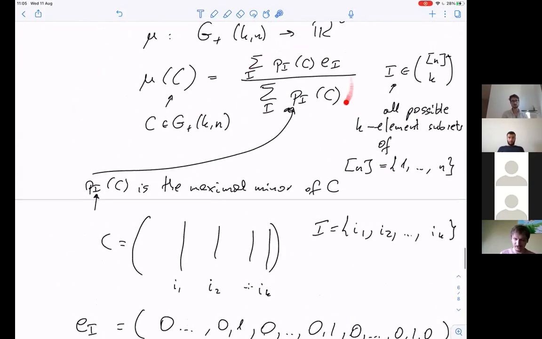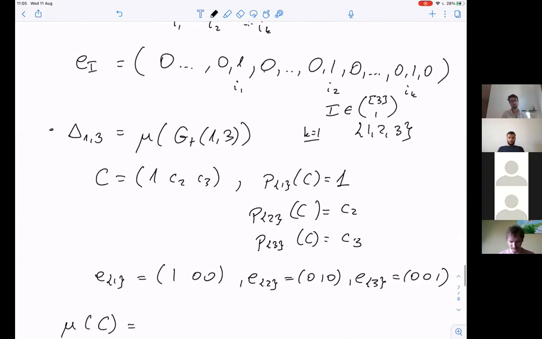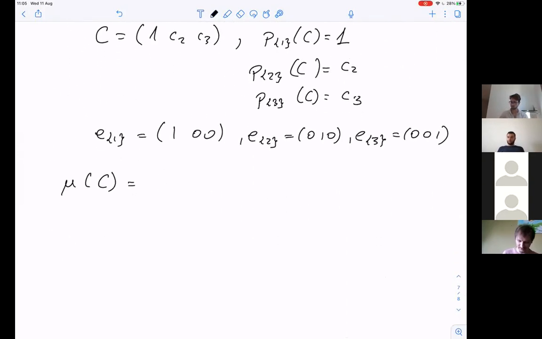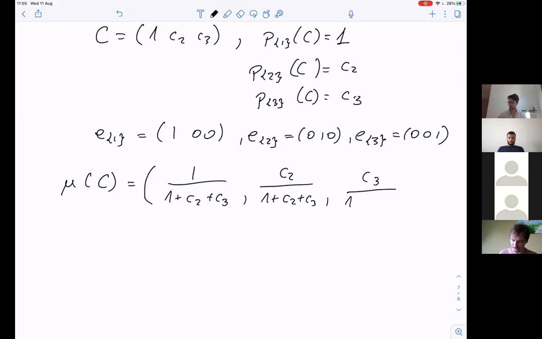And you'll find that mu of C is just a vector in R3, which looks like this: C2 over 1 plus C2 plus C3, and C3 over 1 plus C2 plus C3.